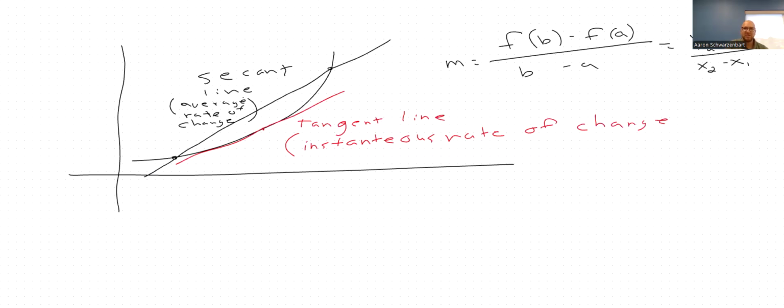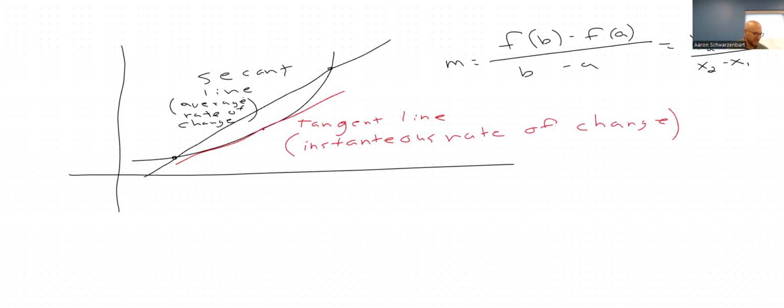Those are terminologies that you're going to need to know. Tangent is essentially the slope of the curve at a single point.